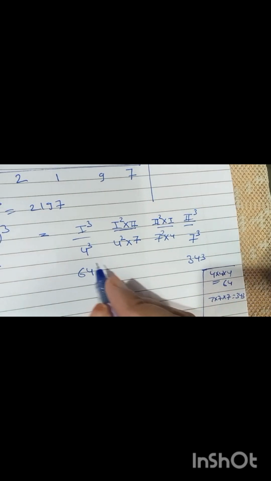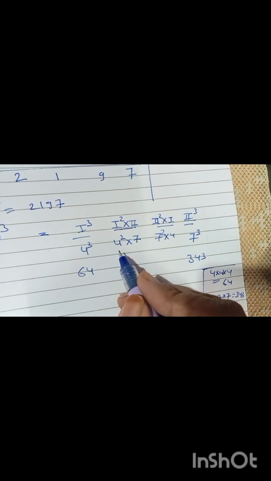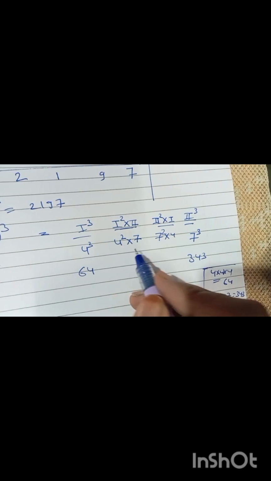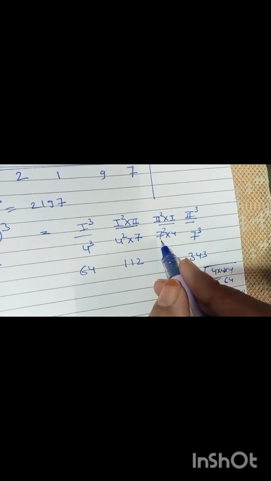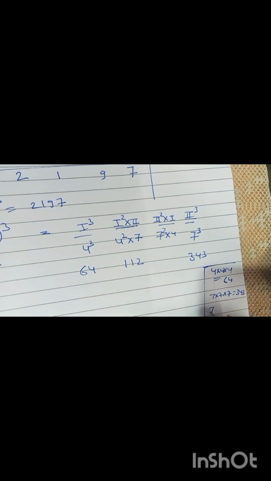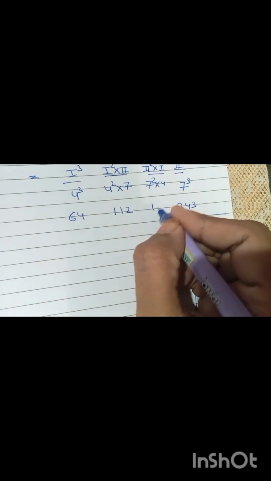Now at the second place, 4 square is 16. 16 into 7 is 112. At the third place, 7 square is 49, and 49 into 4 is equal to 196. So I will write 196 here.